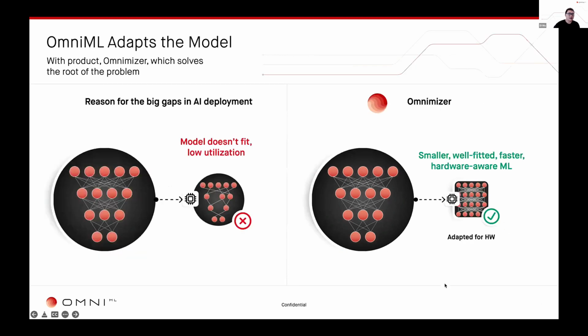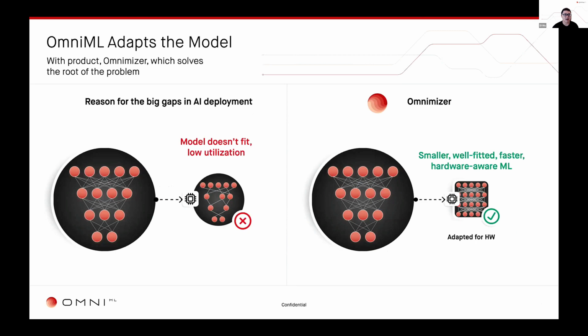So for OmniML, our vision is that we solve this fundamental mismatch between the model training on the GPU versus diverse hardware. We focus on the ML model itself, on the model architecture.